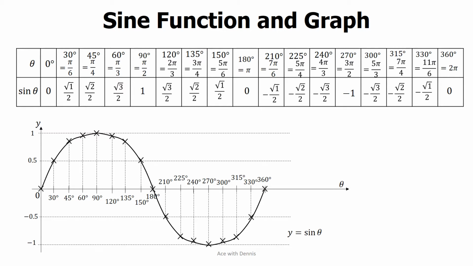And then 330 degrees equals 11 pi over 6. Sine 330 degrees is negative 1 over 2 or negative half, so it will be at this point. And now we join these points together, we get this curve. Alright, so at the end, we get this sine graph. Okay, so the sine graph will look like this.